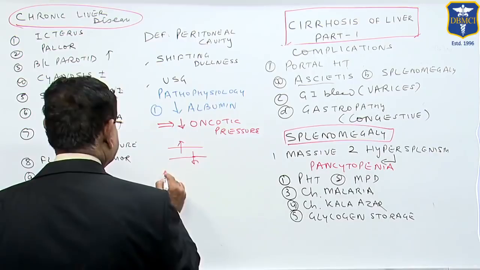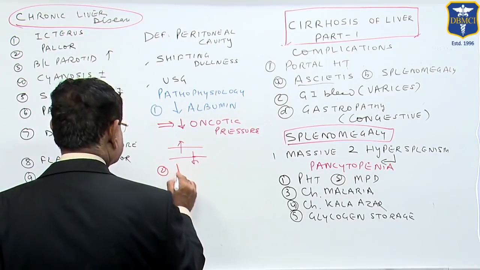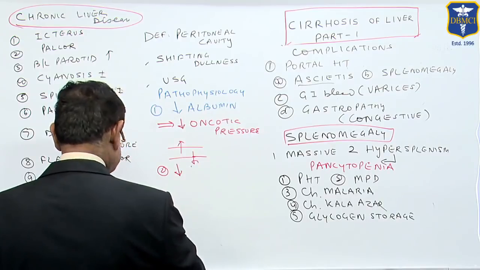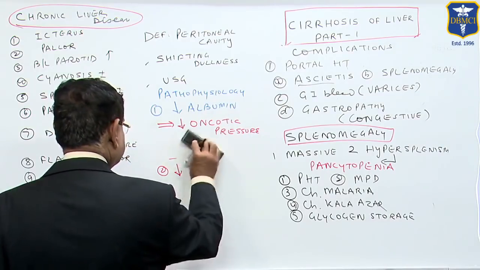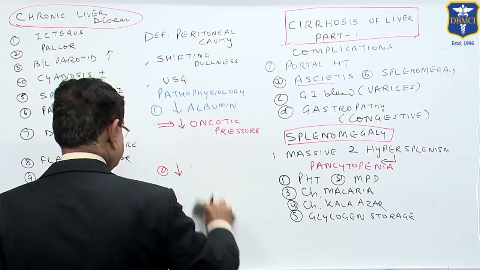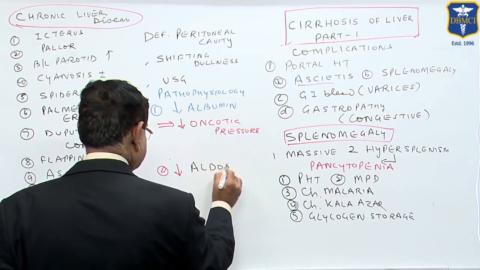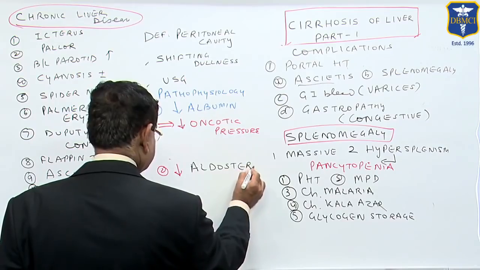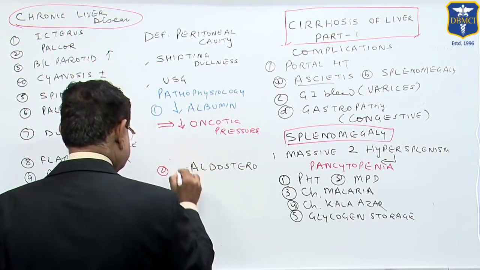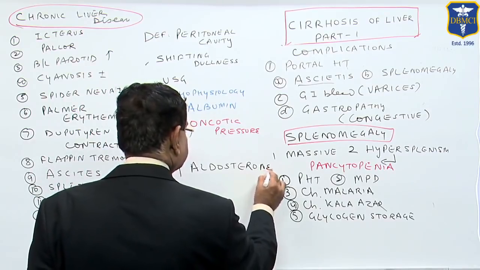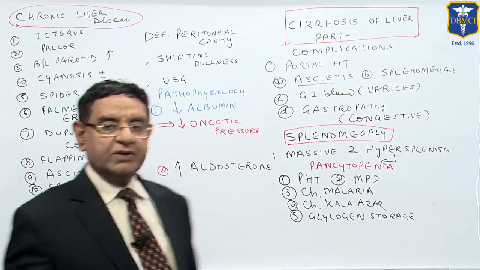Second reason why ascites occurs is due to increased aldosterone level. Why increased aldosterone?